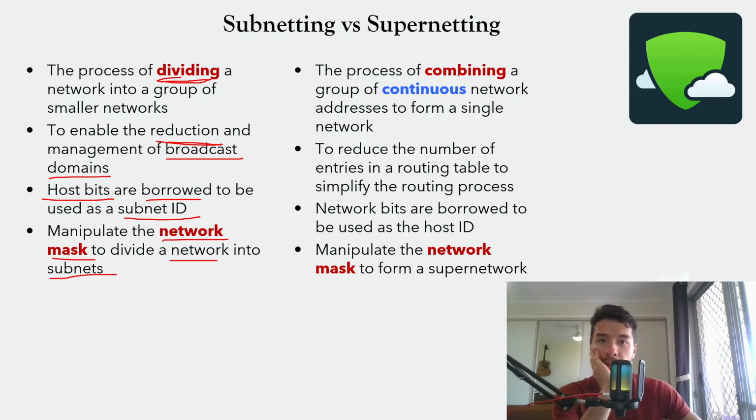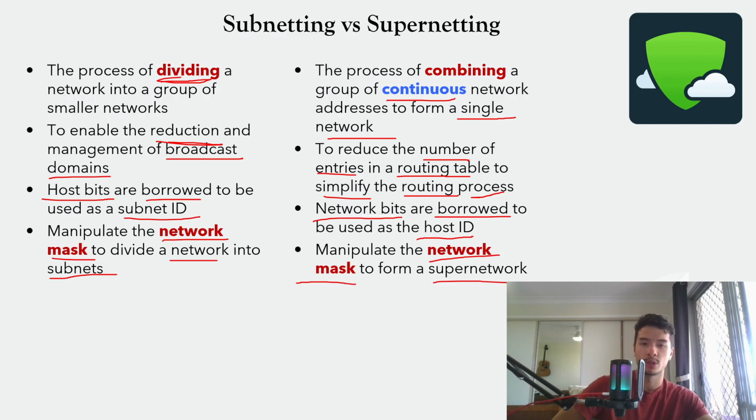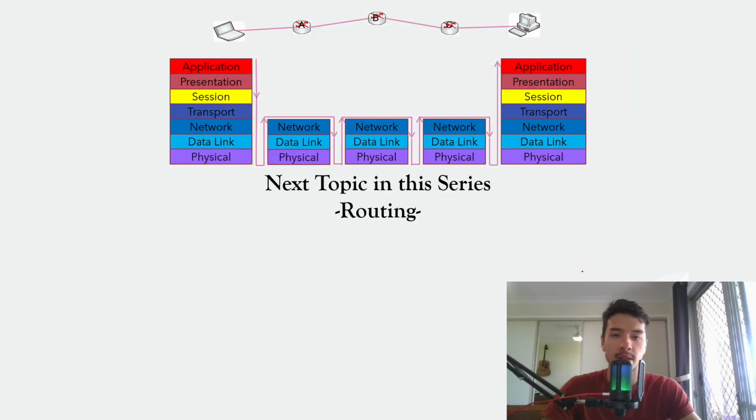Supernetting is the process of combining a group of contiguous network addresses to form a single network, to reduce the number of entries in a routing table and simplify the routing process. Network bits are borrowed to be used as host ID bits. Manipulate the network mask to form a supernet. Okay, that should all make sense.